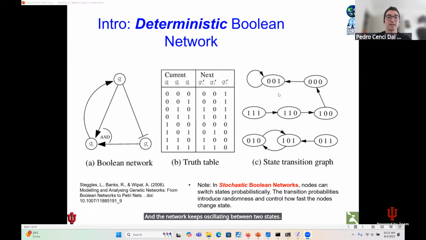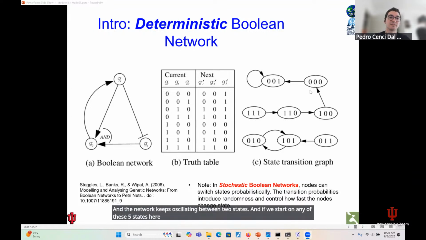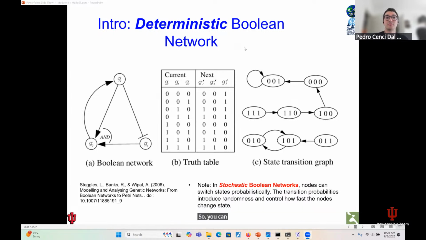And if we start on any of these five states here, the network will deterministically fall into the 0, 0, 1 state in the end. So you can reproduce oscillations using Boolean networks and also reproduce end fates. Like your cell falls into a certain state and it stays there forever.